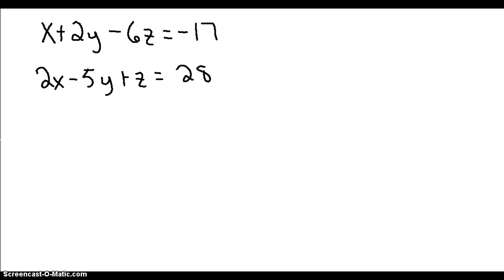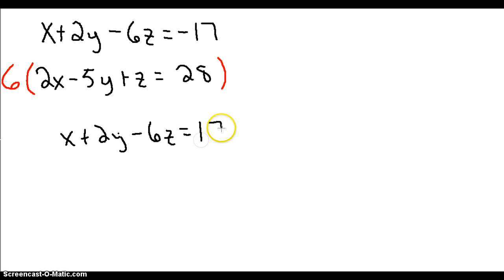Alright? So, I'm going to pick the first and the second equation, and we're going to try to eliminate z. Now the easiest way to do it this time, I'm going to multiply the second equation by 6. Okay? That should get us to where we need to be. So we'll leave the first equation alone, and we're going to multiply everything in the second equation by 6.